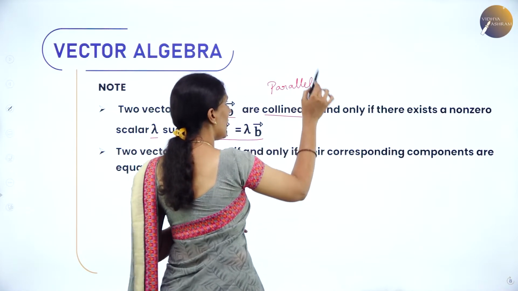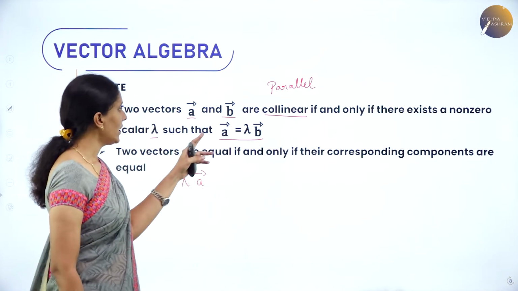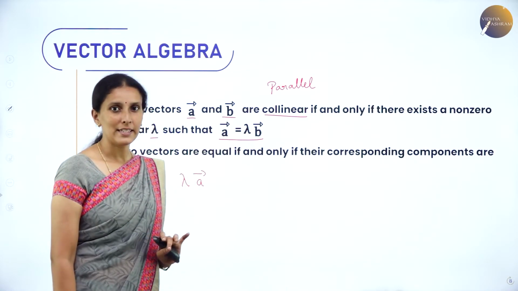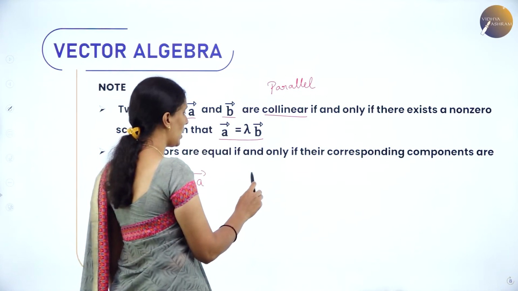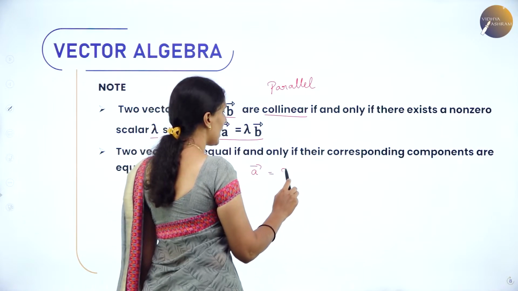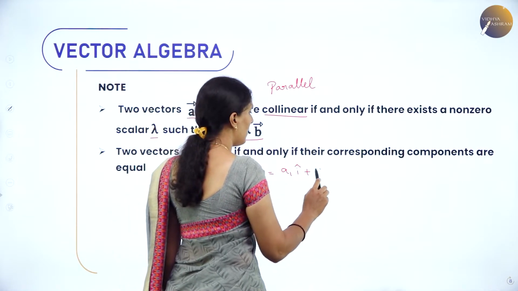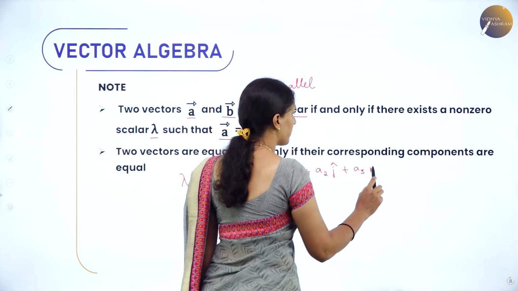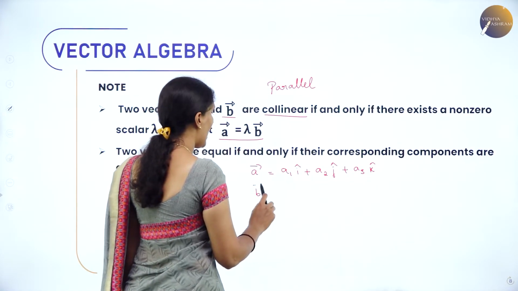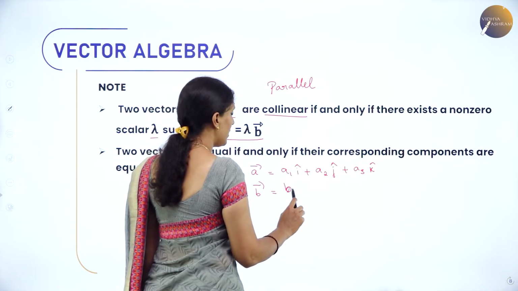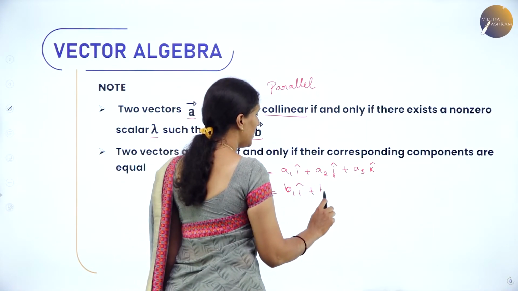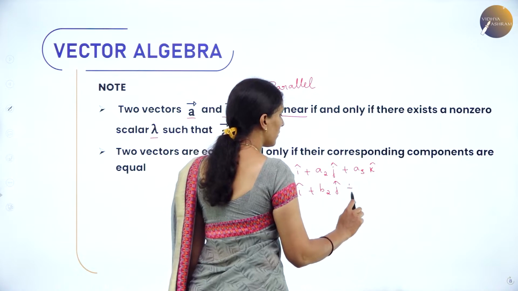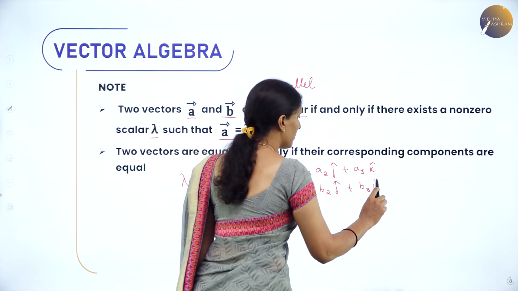If they are parallel to each other, then this relation has to be satisfied. Suppose I take vector A as a1i plus a2j plus a3k and vector B as b1i plus b2j plus b3k.